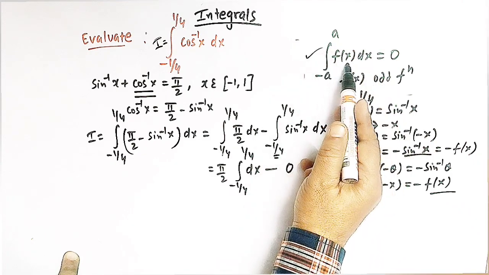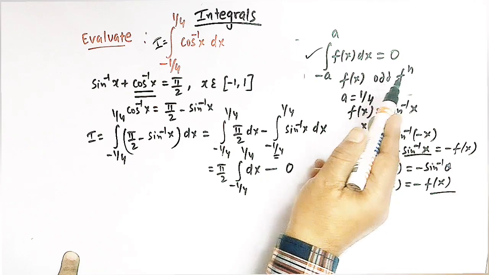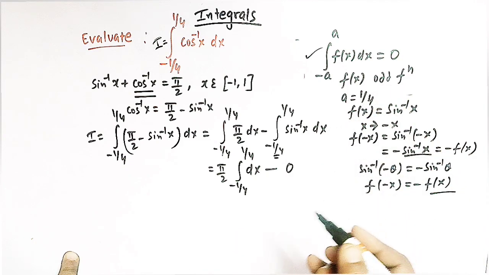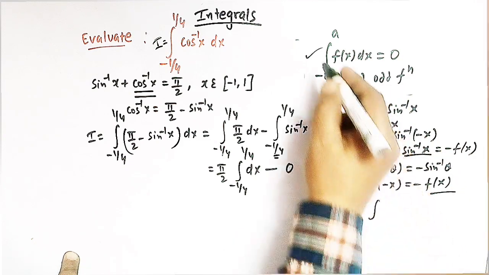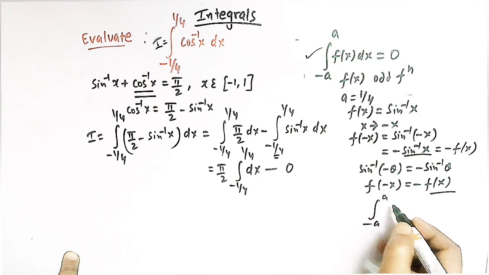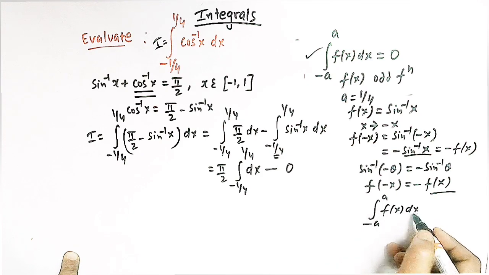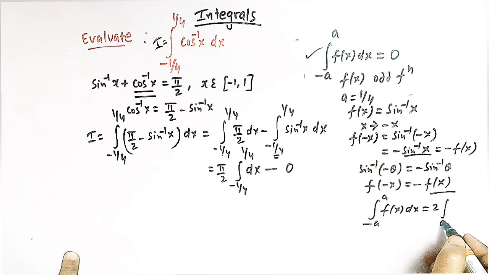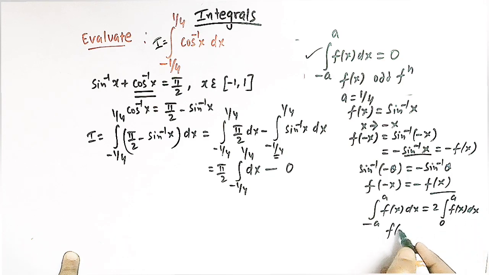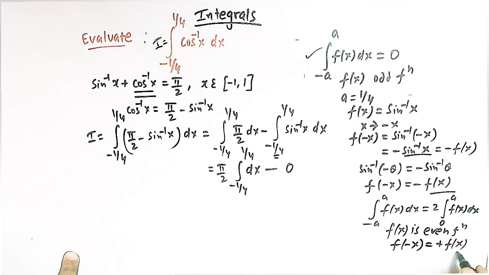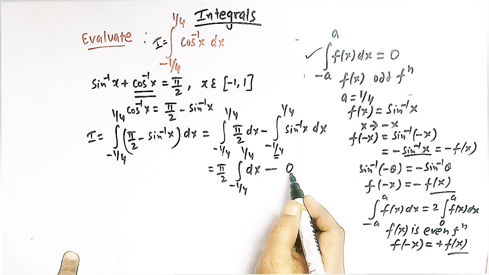In case of an even function, the value of this integral is given as 2 times the integral from 0 to a of f of x dx, provided f of x is even, that is f of minus x is equal to f of x. So the value of this integral is 0.